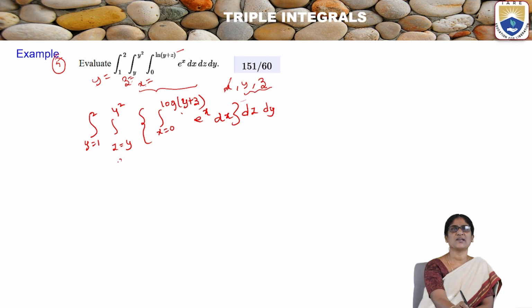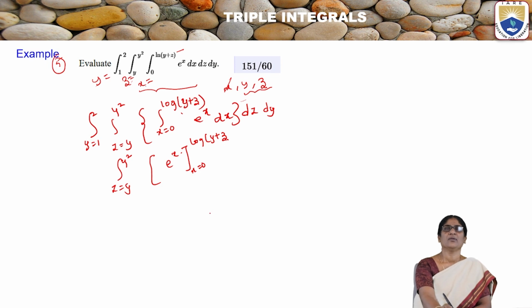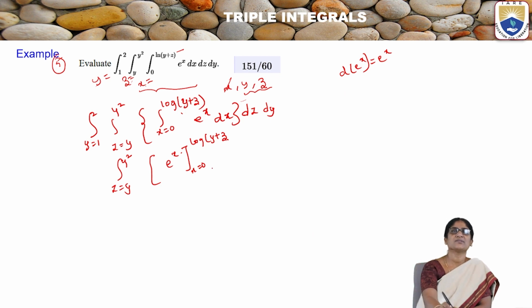So here you are going to get z raised from y to y square, and this becomes e power x under the limits x raised from 0 to log of y plus z, into dz. The derivative of e power x is nothing but e power x, and the integral of e power x is nothing but e power x.